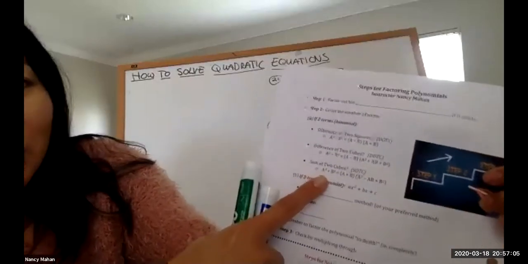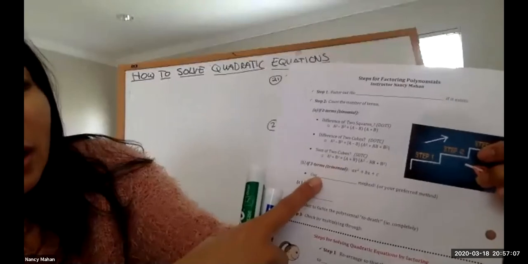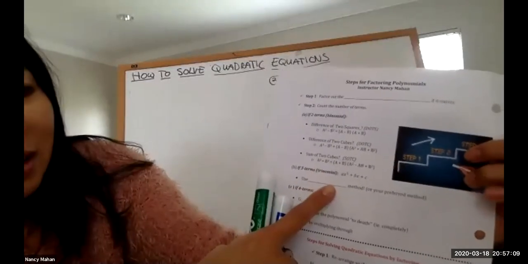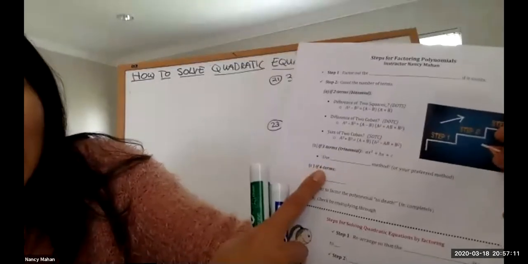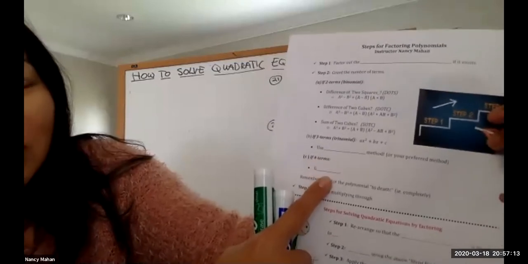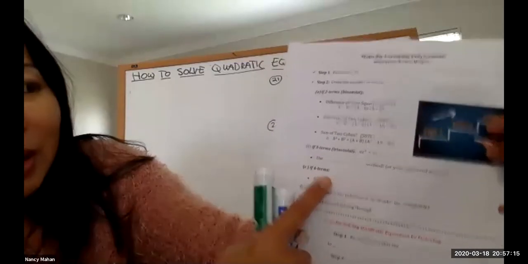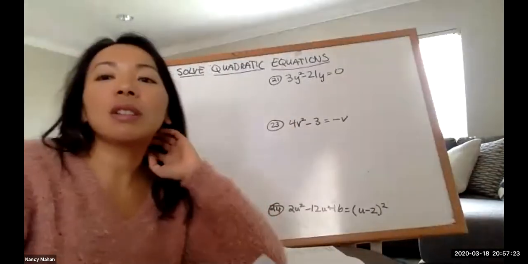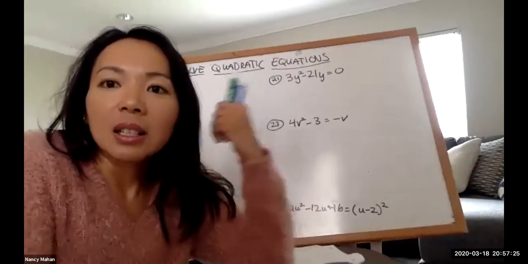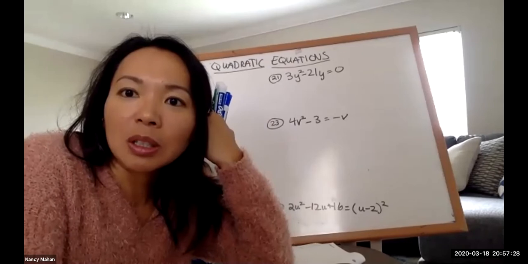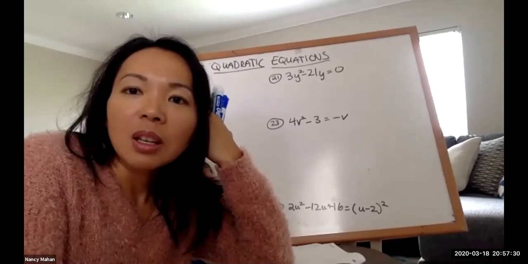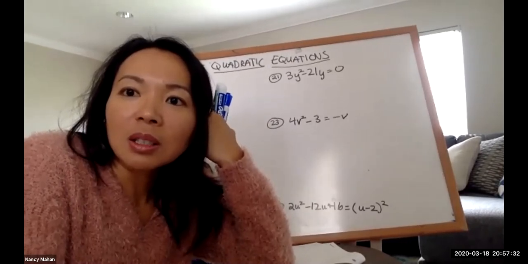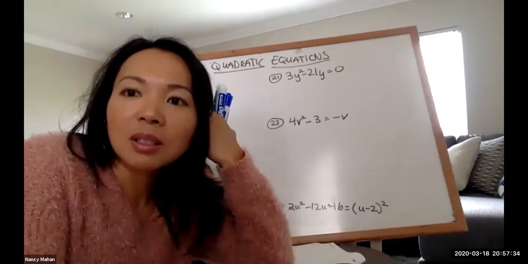If it's a trinomial, then use the X-box method or your preferred method. And if it's 4 terms, you want to group, right? So it's basically the words for this picture. So I have the picture, but then you have the words as well. Now, if you recall, one of the things I had, let me reduce this down real quick.